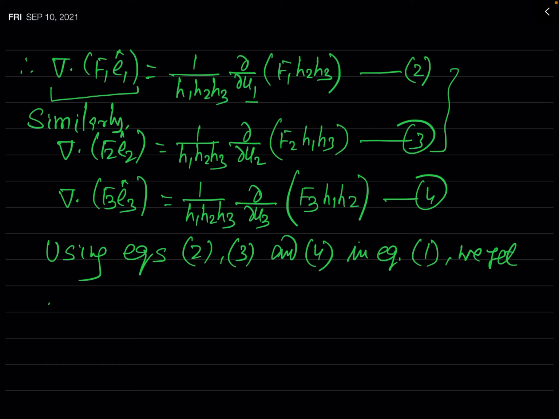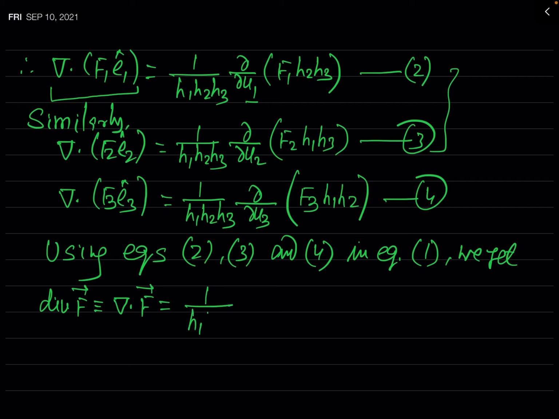You can see, divergence of f, which is just equivalent to del dot f. What will be this? Sum of all these three equations. And as you can see, 1 over H1 H2 H3 is a common factor. It is present in all these three terms. So you may take 1 over H1 H2 H3 as a common factor.